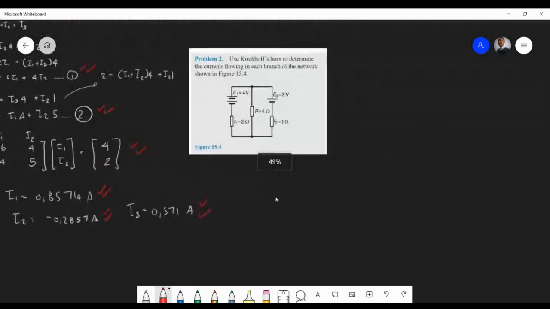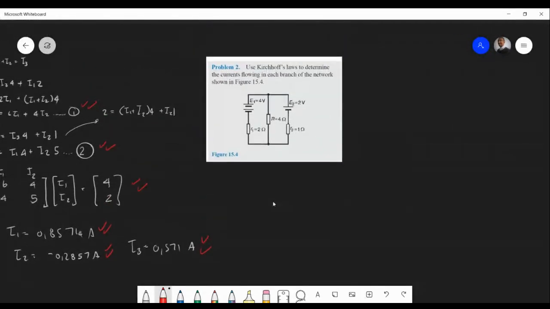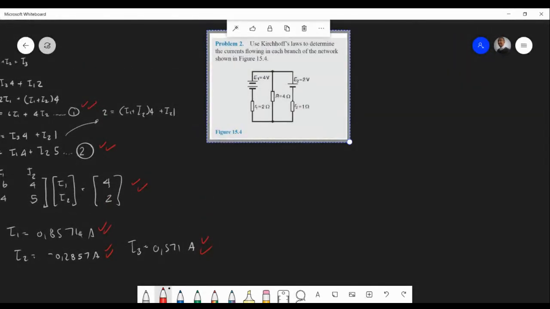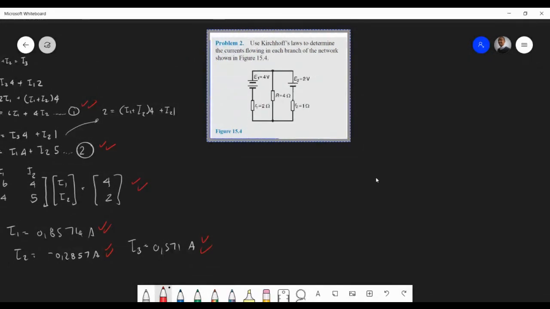You don't succumb to one approach all the time. We can take another loop from here right around. Of course we still need 2 loops, so I'll keep loop 1.